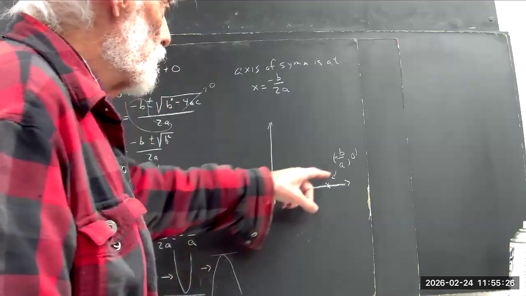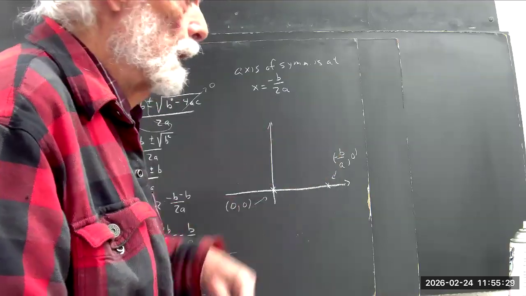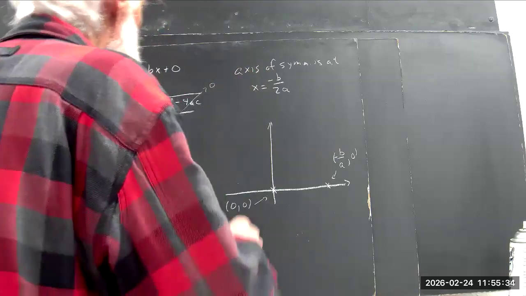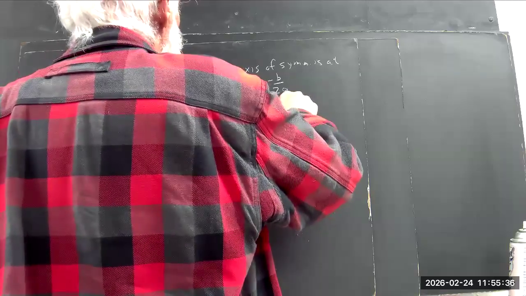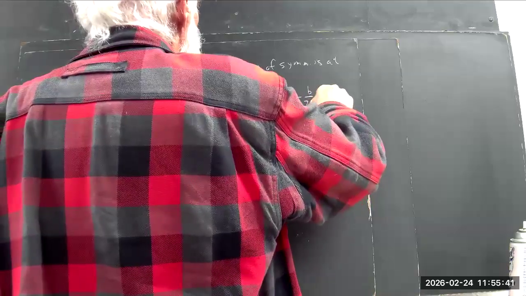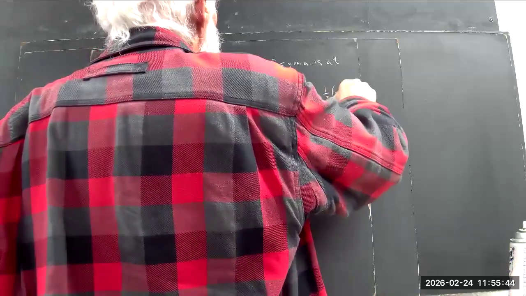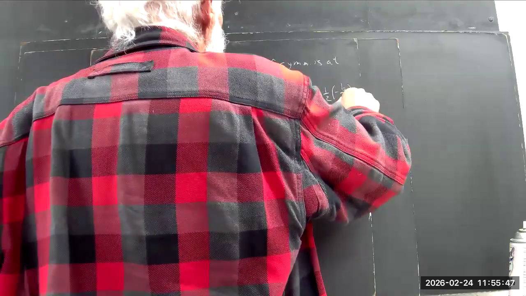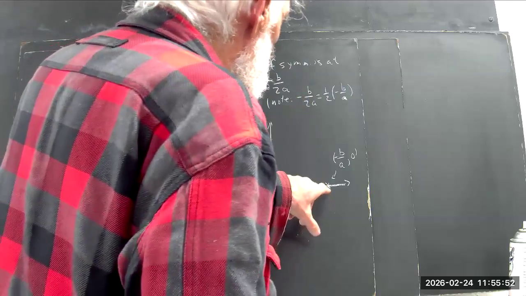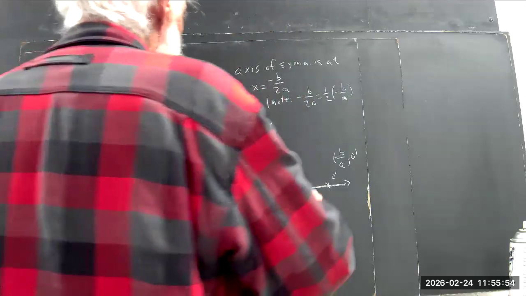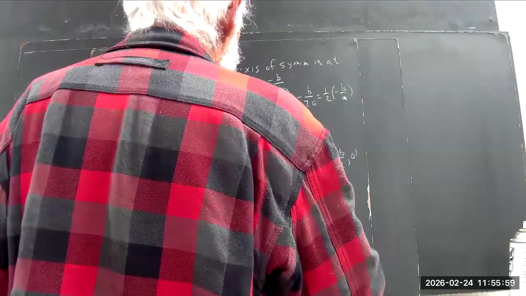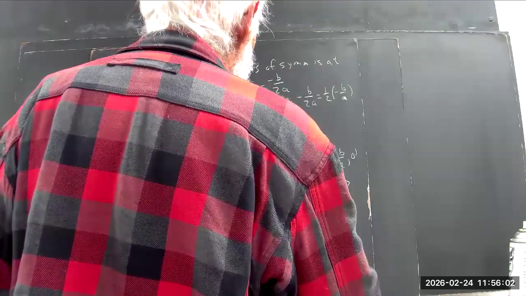Notice you have a 0 when x equals negative b over a. Well, negative b over 2a is 1/2 of negative b over a. So that negative b over 2a is going to be halfway between negative b over a and 0. That's going to be here. Here's the line. X equals negative b over 2a.